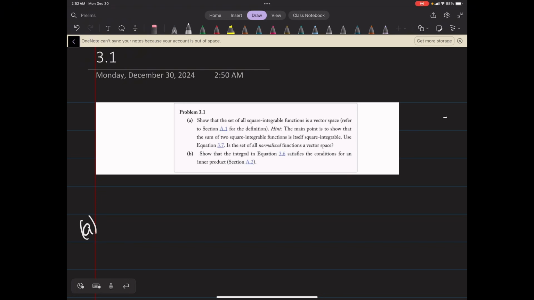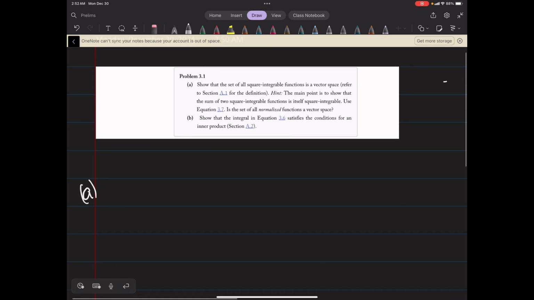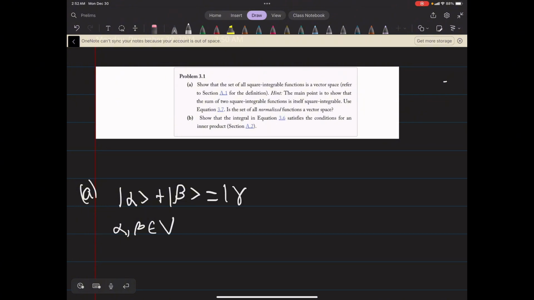So a vector space is defined by a few properties, one of which is closure. What closure says is if you have two vectors in the vector space, let's say alpha, beta is an element of the vector space, they add to another vector, gamma, which is also an element of that vector space.